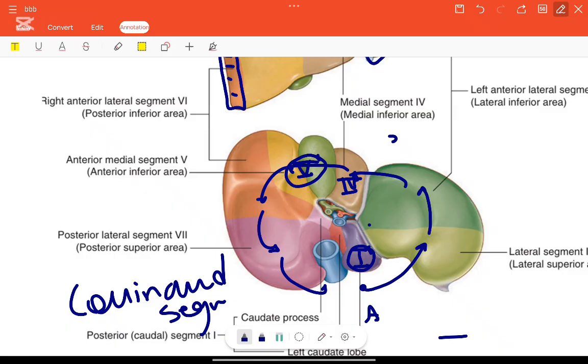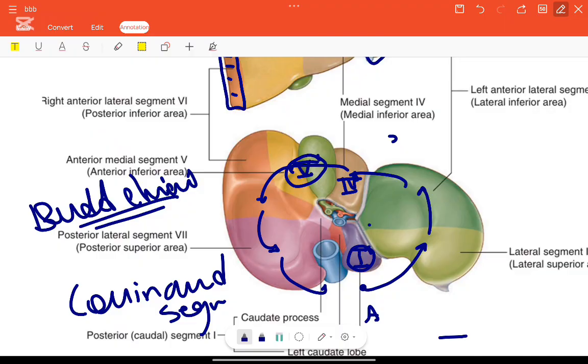There's a syndrome called Budd-Chiari, which is more common in females. It's related to thrombophilias and things like that. It can also be idiopathic. But what happens is that all 3 hepatic veins become blocked by a venous web or thrombosis. That initially leads to acute congestion of the liver and hepatomegaly.